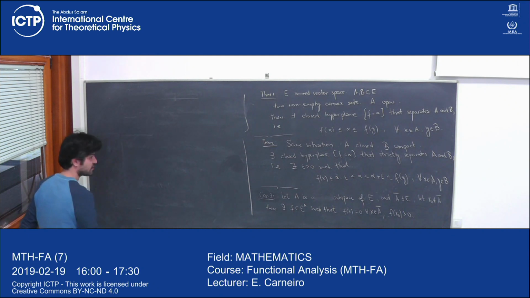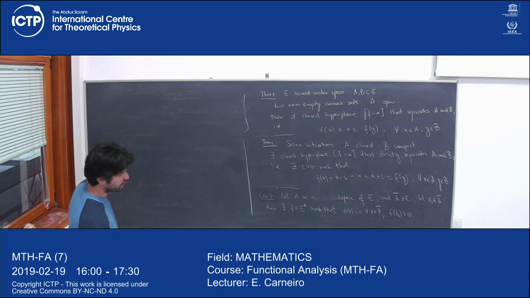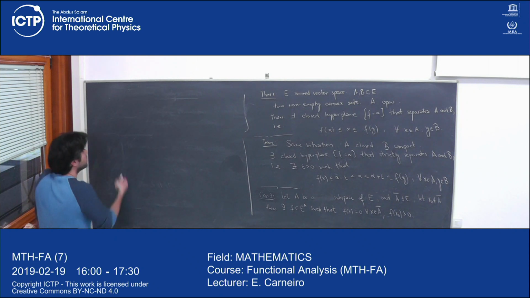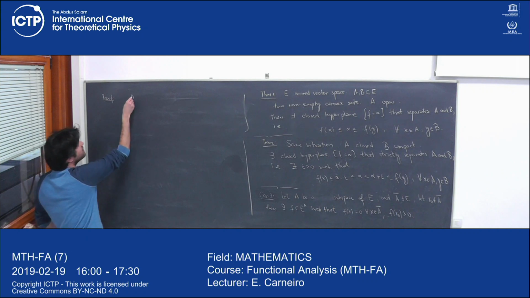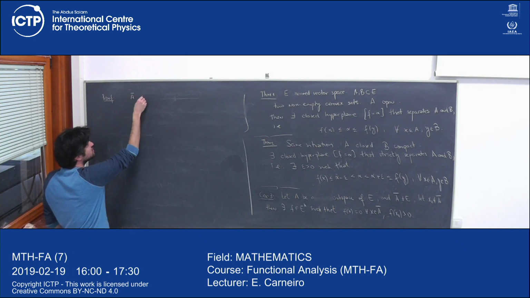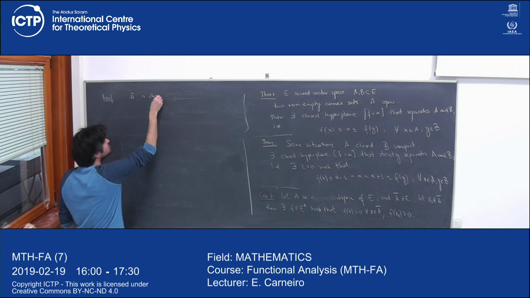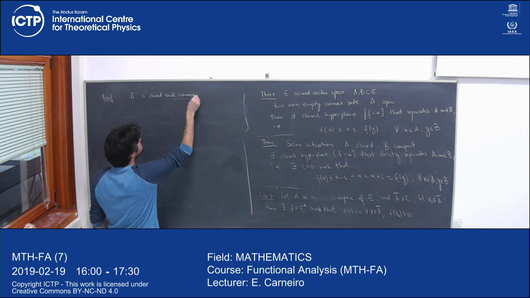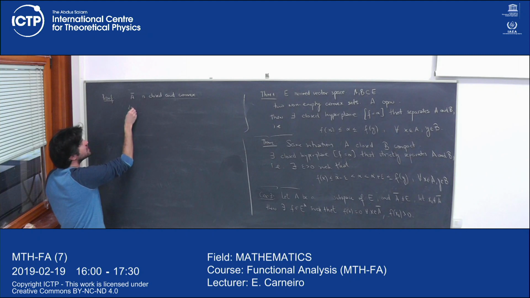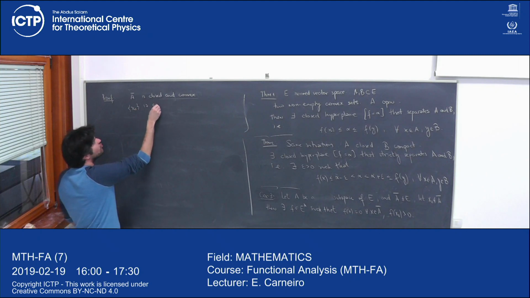So, and the proof of this is very simple, right? The closure of A is closed and obviously convex, this is a subspace. The point x0 is obviously compact.